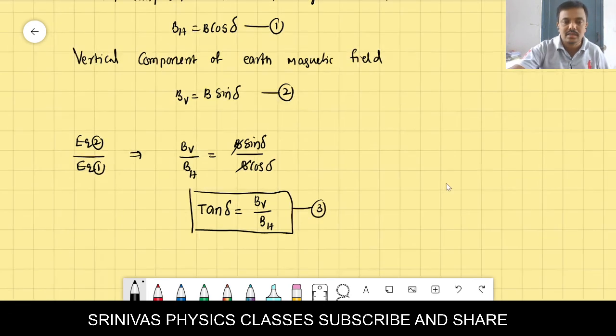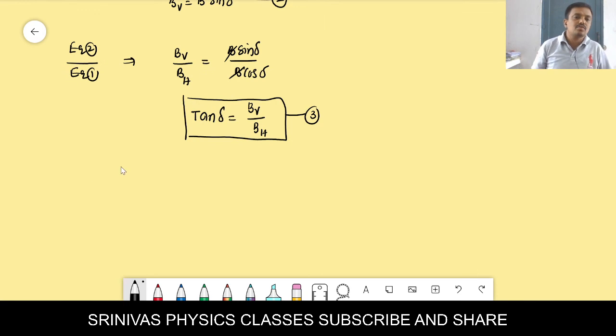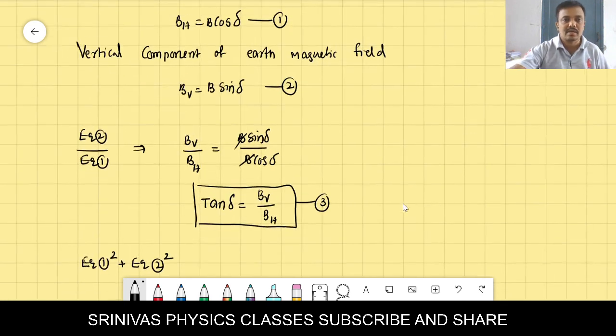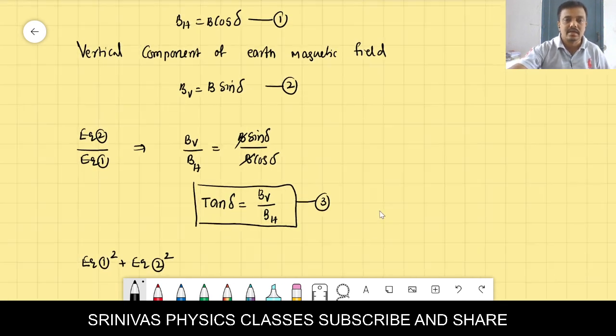Now, let us do one more thing. Equation 1 squared plus equation 2 squared we have to do. What is equation 1? BH is equal to B cos delta. BV is equal to B sin delta.